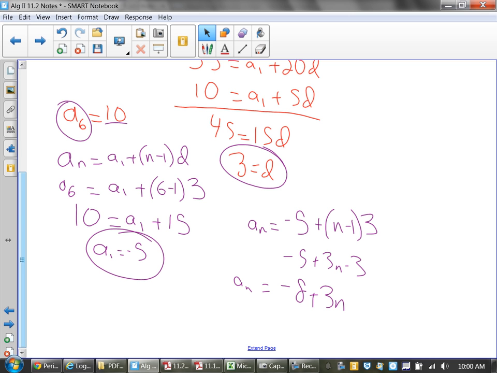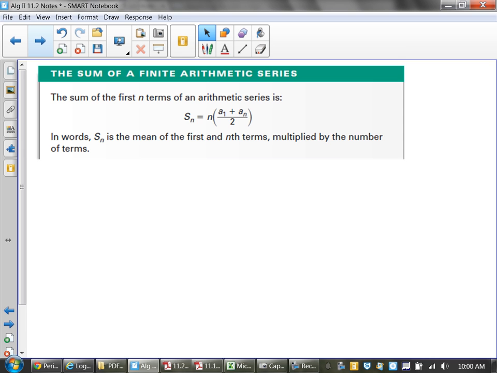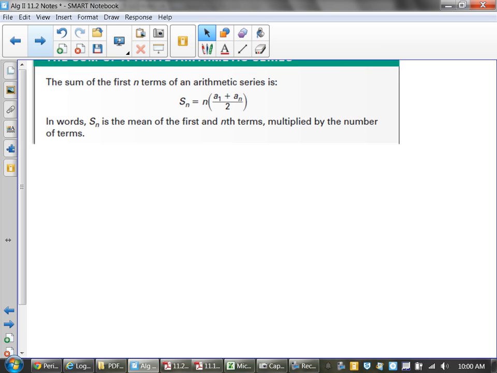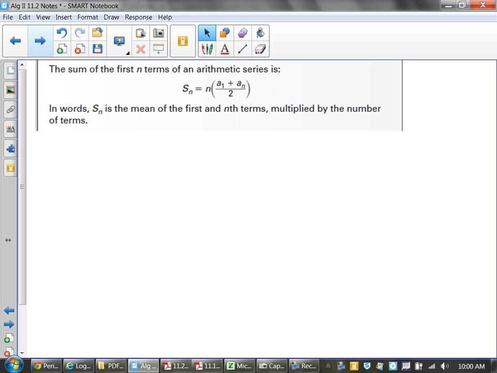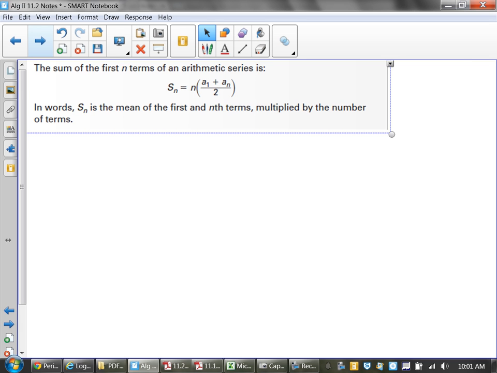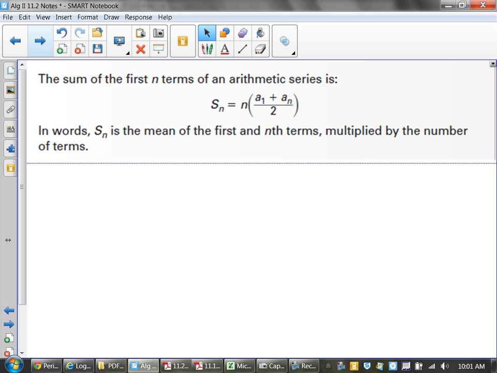I'm being very specific, falling back to the formula each time. And then the last bit: the sum of the series. The sum of the series has a generic formula. Remember we were talking about the sum of the series stuff yesterday, sums of the sequences?